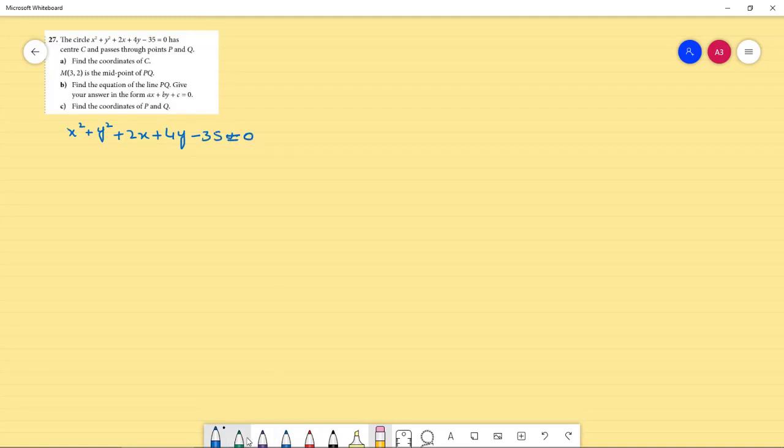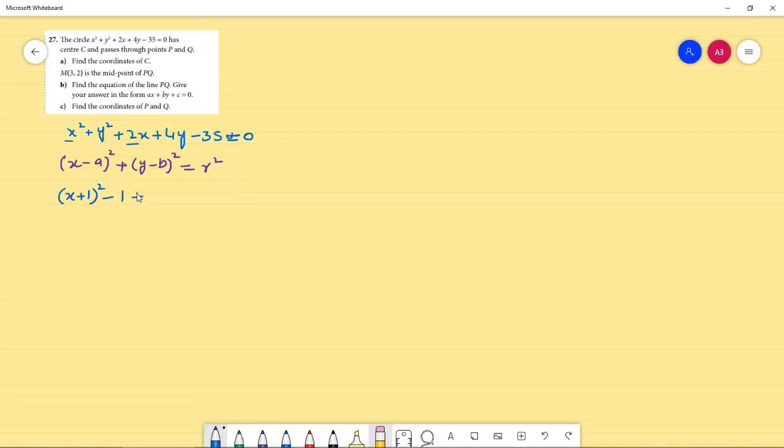So convert this equation into the standard form of the circle equation: x minus a whole square plus y minus b whole square is equal to r square, where a and b are the center coordinates of the circle. So x square plus 2x, how can we convert? Just by completing the square, this would become x plus 1 whole square and -1.